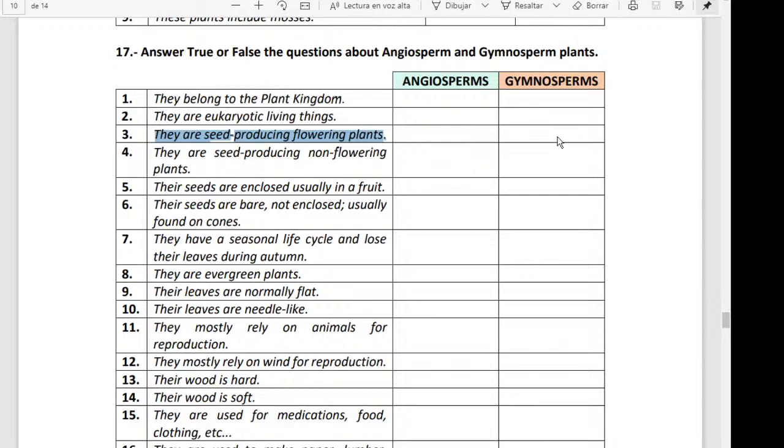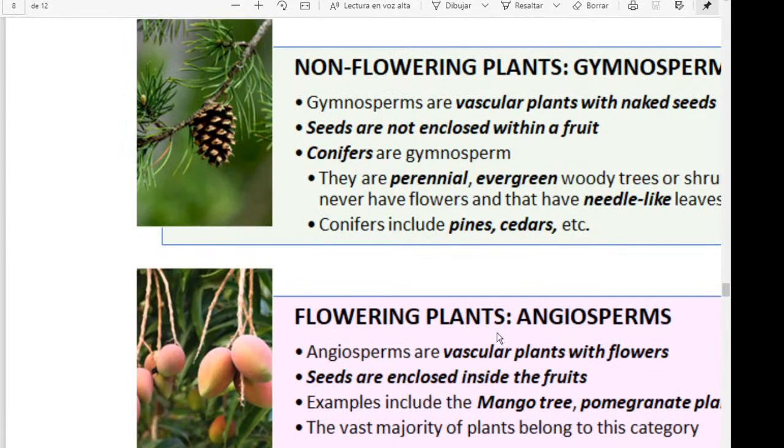Gymnosperms are naked seed. Paloma, attention. Angiosperms are flowering plants. You have flowers, you have seeds and fruits.